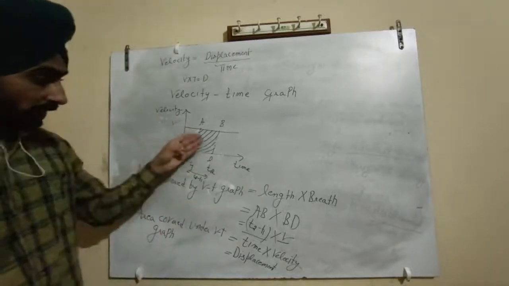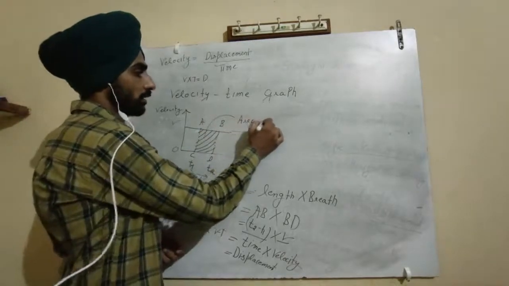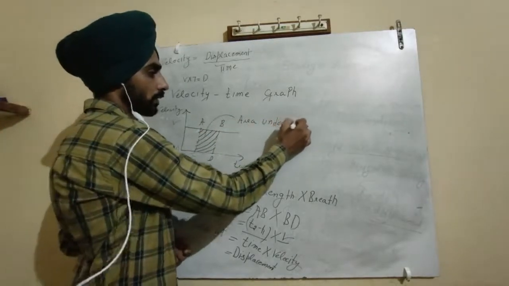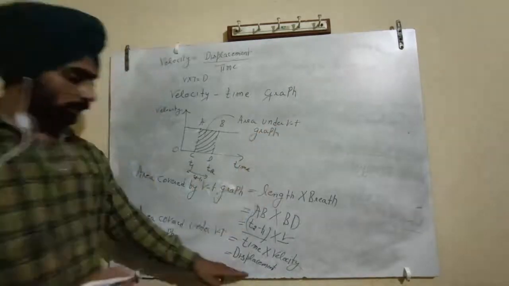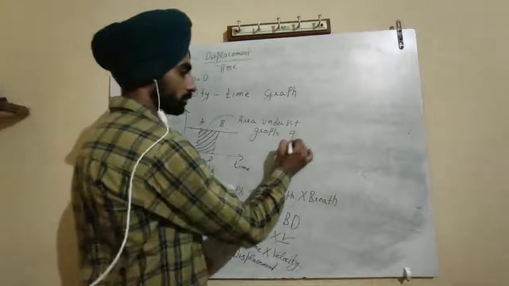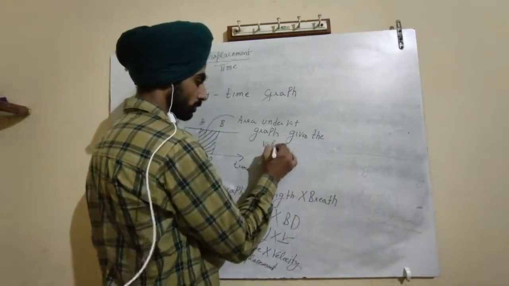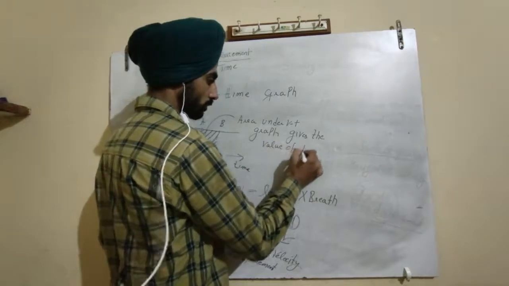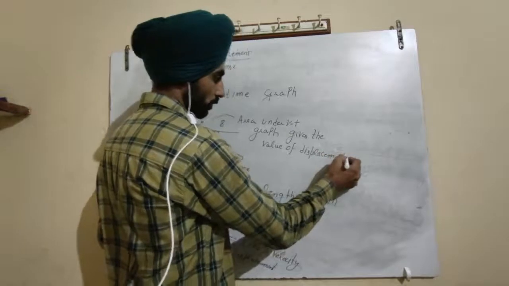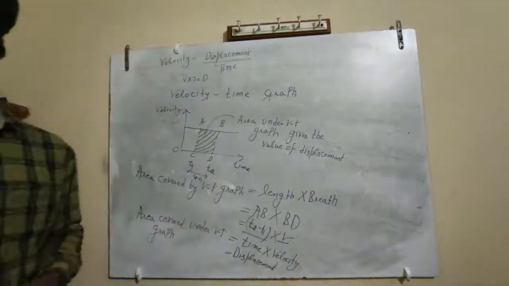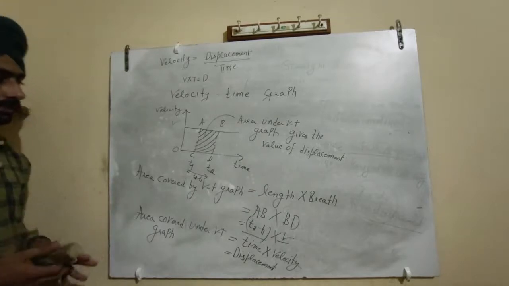This area under the VT graph gives the value of displacement. So this is a very important concept. Note down this concept.